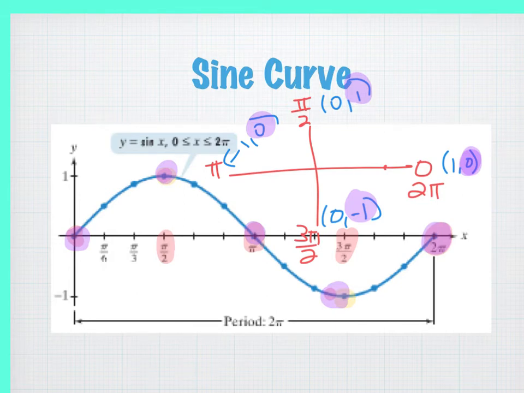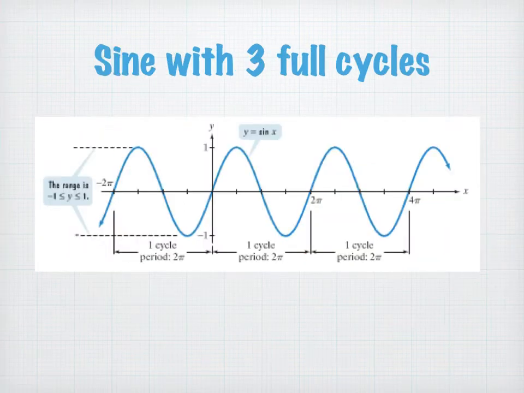I am going to teach you how to stretch these, shrink these, shift them up, shift them down, all that good stuff. And a lot of that is based on the period, which is how long it takes to make one complete revolution, which is 2 pi. One cycle, in this case, is the period. If I ask you to give me more than one cycle, it just continues on that loop.